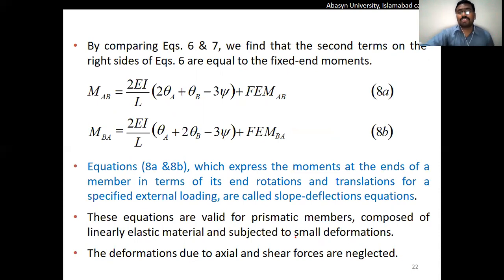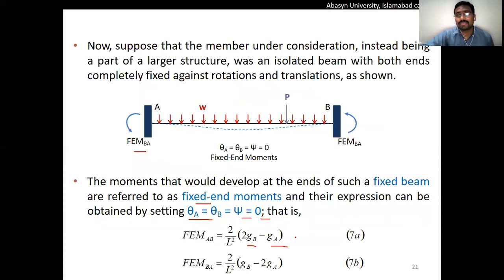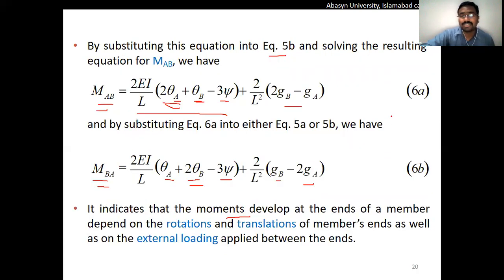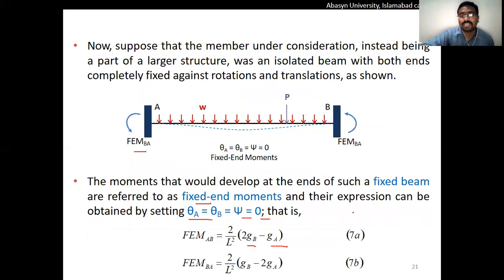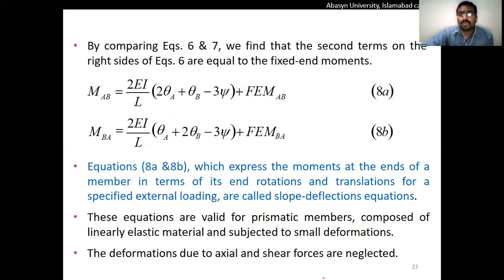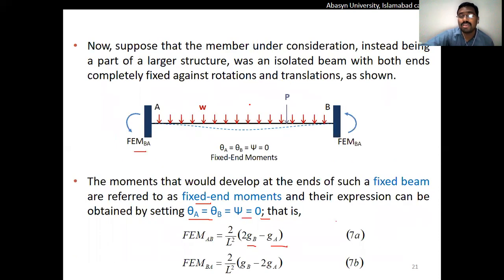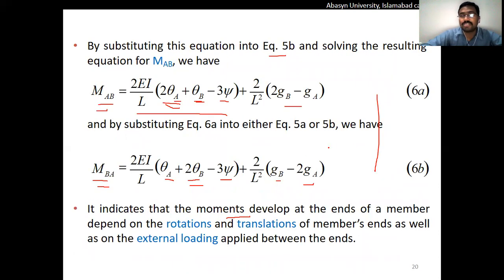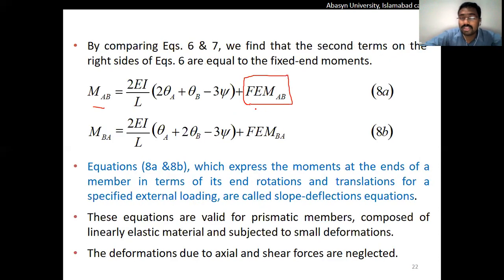Now, by comparing equations 6 and 7, the simplified forms, we can rewrite equation 5 as MAB equal to 2EI over L into 2 theta A plus theta B minus 3 psi plus the fixed end moment at point AB, because its value is equal to 2 by L square into 2GB minus GA, which is equation 6A, and this value comes out to be the value of the fixed end moment at point A in the member AB.